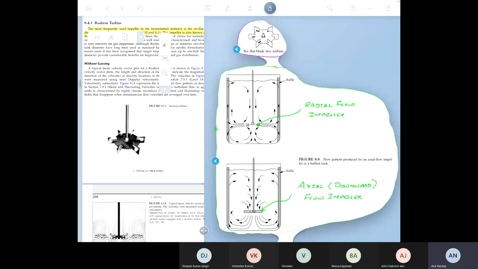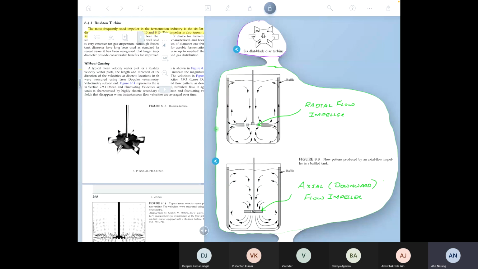Each type of impeller has a unique flow pattern. So we're now next going to discuss the liquid flow pattern that will occur when you use the Rushton or the six flat blade disc turbine. If you take a look at the figure on the top, you can see, I'm talking about the reactor where I've labeled the radial flow impeller. You can see that basically the arrows are showing you the flow of the liquid. And you can see that in the immediate vicinity of the impeller, the liquid is moving radially outward.